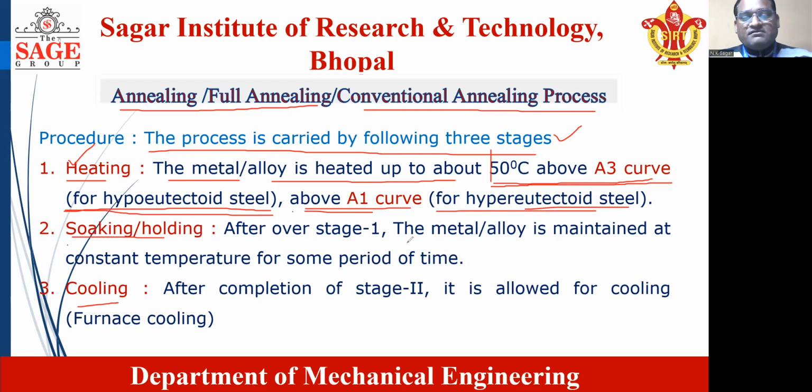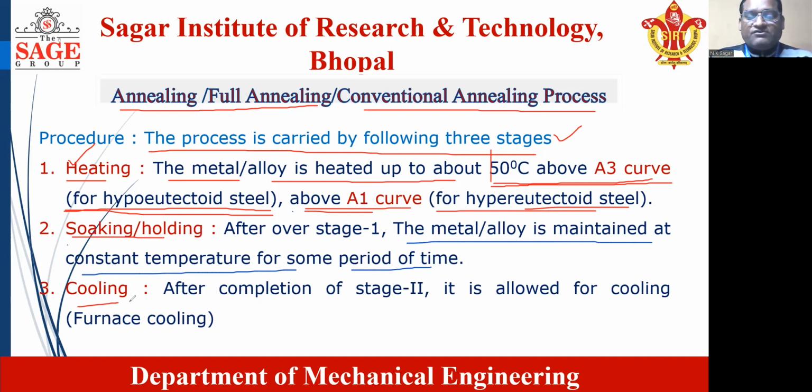Then the second stage, soaking or holding. After stage one, the metal or alloy is maintained at that constant temperature for some period of time, so that some internal changes may occur in the steel or metal. After the soaking or holding time, the last stage is cooling.